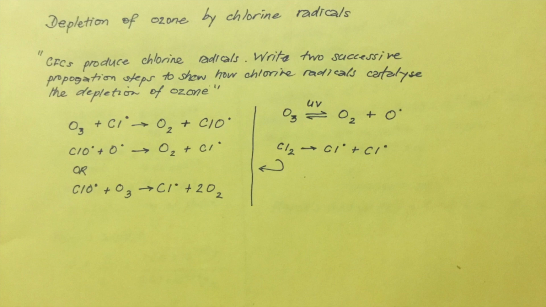And what that means is that oxygen-free radicals and ozone molecules are being depleted from the stratosphere, and we are just getting a buildup of O2. This entire important equilibrium that protects the Earth gets broken up, and in this way we say that ozone depletion happens through these 2 steps. This equation here was also accepted by the examiners.